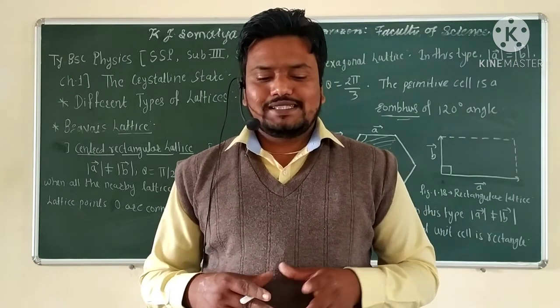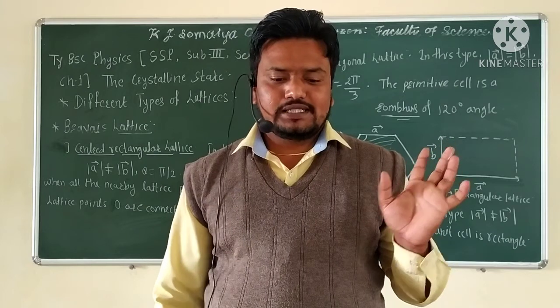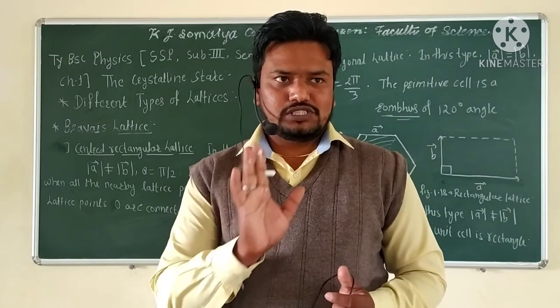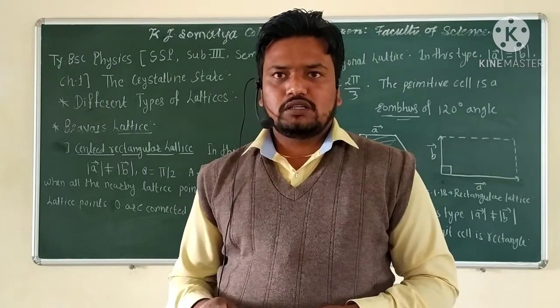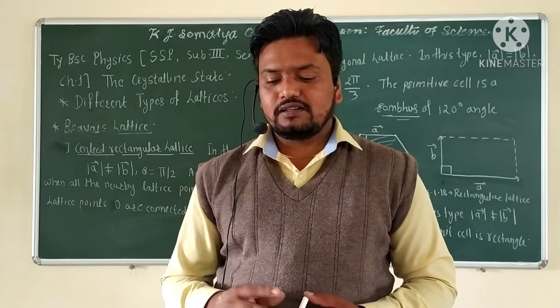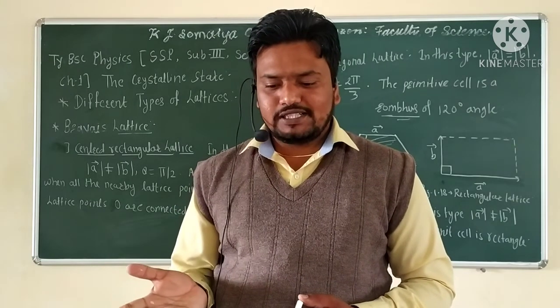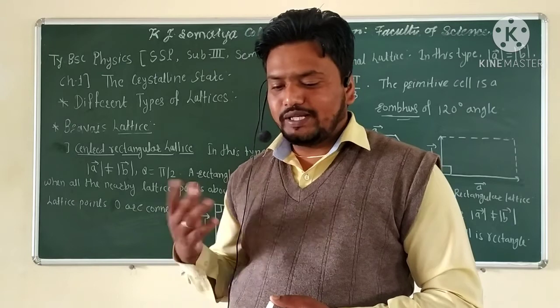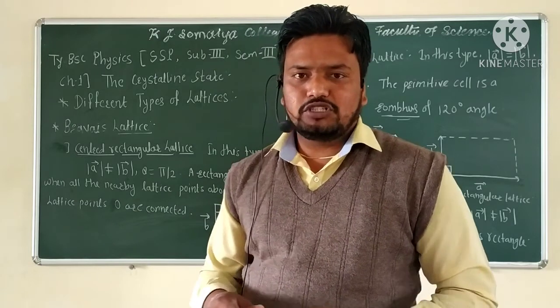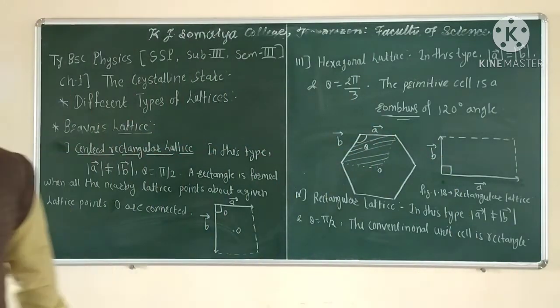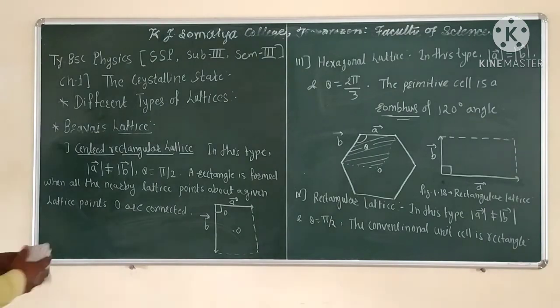So this is the first type, the Bravais lattice in two dimensions. Now we want to see the next type of lattice, the three-dimensional lattice.